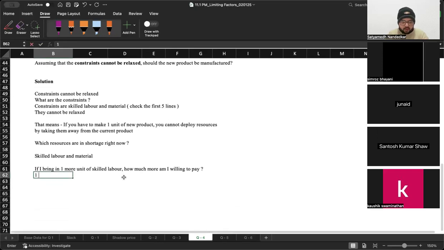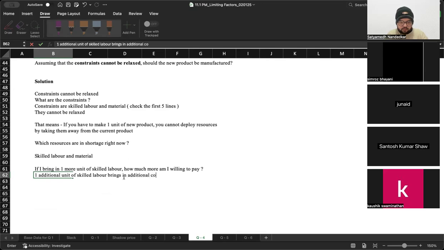ठीक है. One additional unit of skilled labor brings in additional contribution of 12. ठीक है. One additional unit of skilled labor brings in additional contribution of 12 per unit.